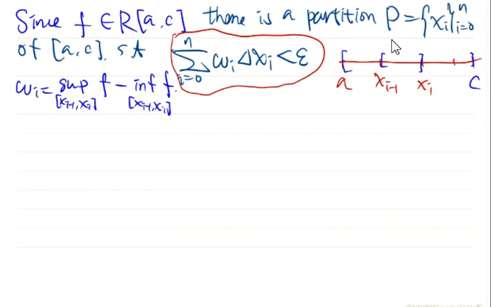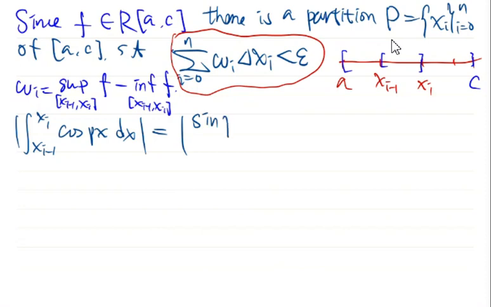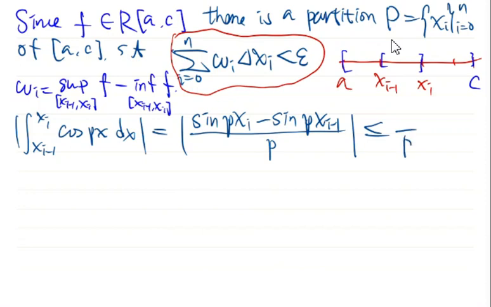Then we have the following result. The integral from x_{i-1} to x_i of cosine px dx can be computed explicitly. That is, (sine p x_i minus sine p x_{i-1}) over p, which will not be greater than 2 over p.